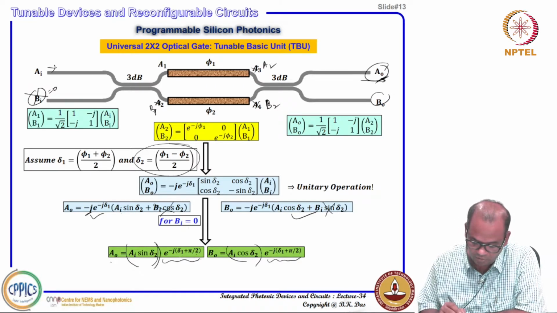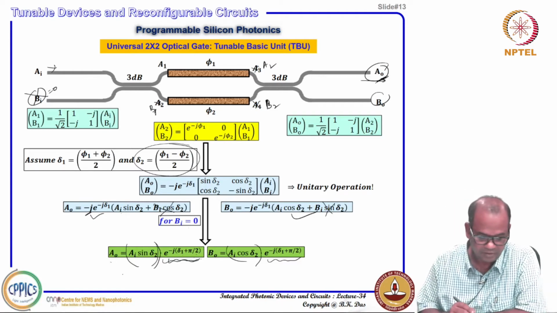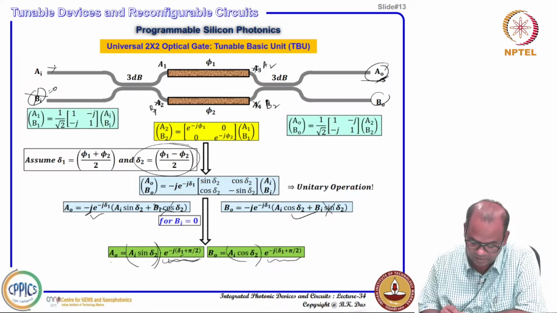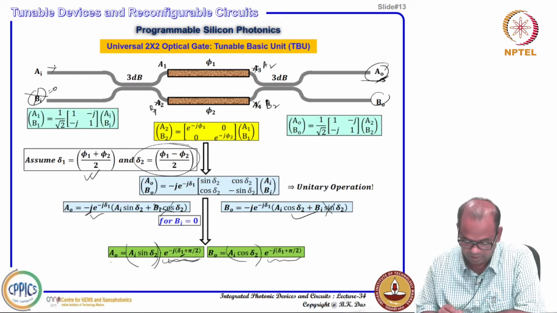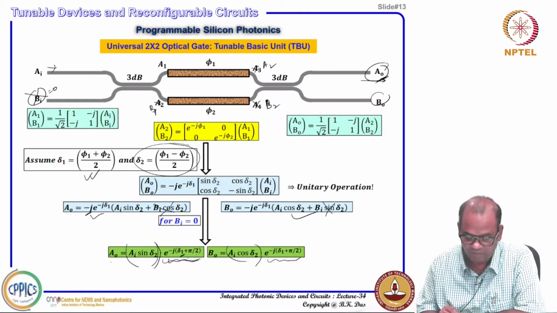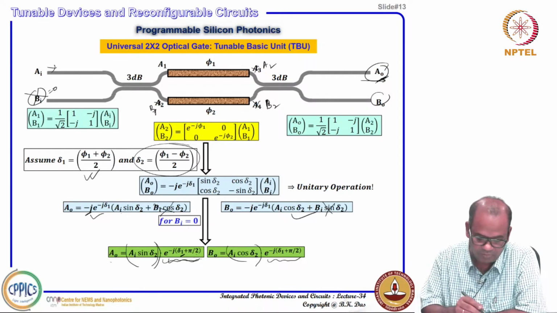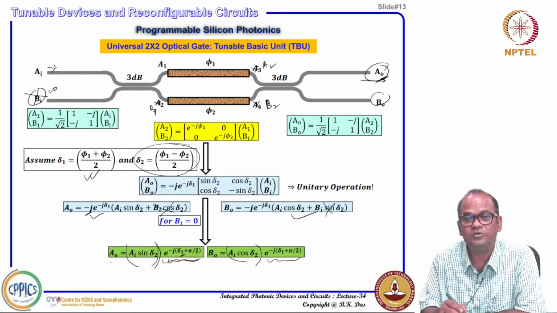Okay. Now, how much phase you want is decided by delta 1. So, if you can tune this one, then you can control the phase. If phi 1 and phi 2 can be programmed, you can tune the phase without disturbing the amplitude. So, you tune phi 1 plus phi 2 such that phi 1 minus phi 2 is constant.